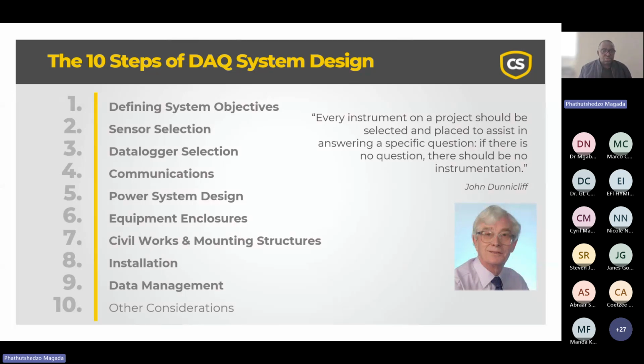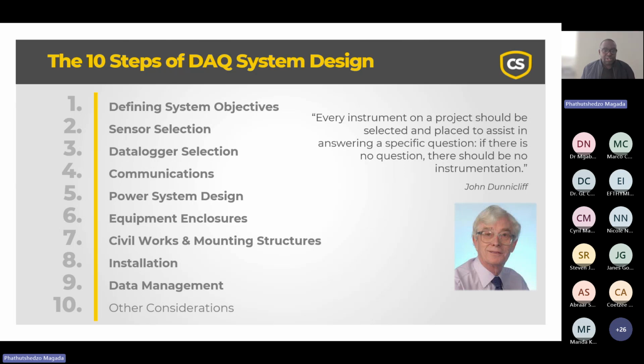We also need to design the power system in line with the site condition. Most of these sites are located in areas where there is no power supply. When we are monitoring the data, there must not be any power disruption.